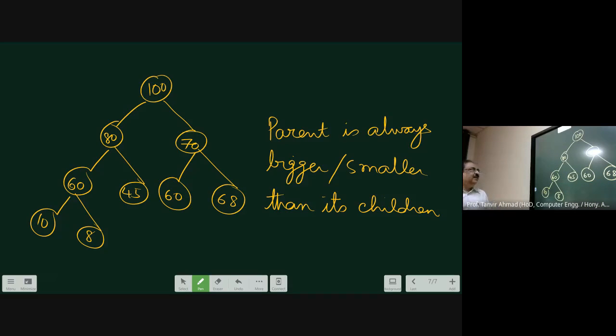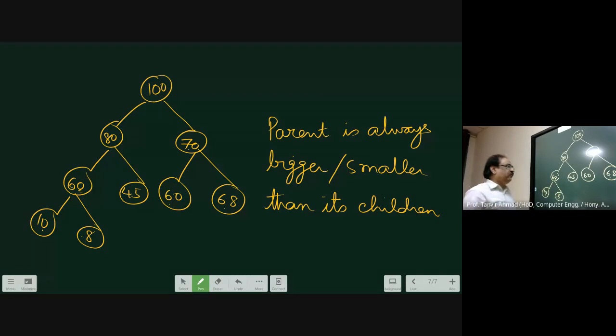Now you find that this definition is recursive. What is the meaning of recursive definition? It holds at all levels. 100 is bigger than 80, 70. 80 is bigger than 60, 45. 60 is bigger than 10 and 8. 70 is bigger than 60 and 8, 68. And at all levels, this will hold.